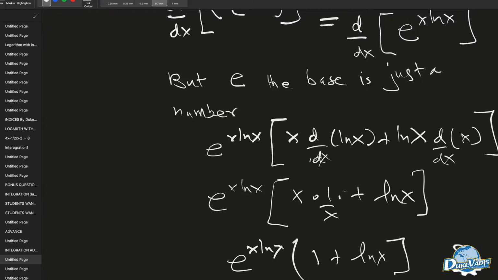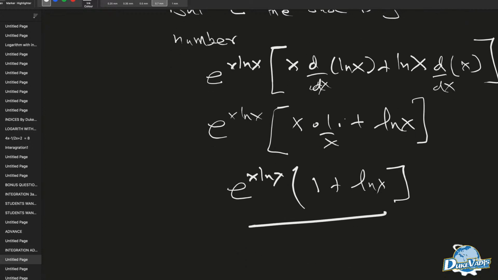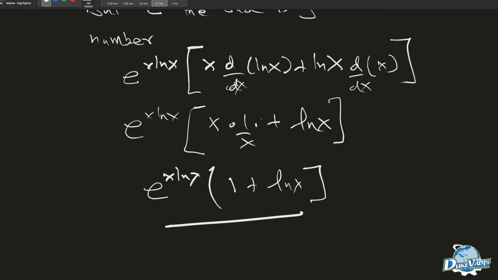This is our answer. But we can also tackle it from a different angle. How do you do that? Let y equal x to the power x.